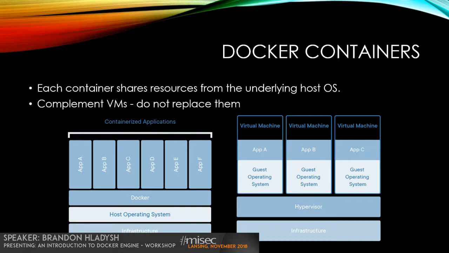So here we have at the very bottom on the left, you have your infrastructure, then you have your host operating system. In our workshop now, this is the Ubuntu image that you've placed into your system. And on top of that, we're going to install the Docker engine. So each application is going to run in a separate space, isolated from each other application, but they are going to share resources from the underlying host.